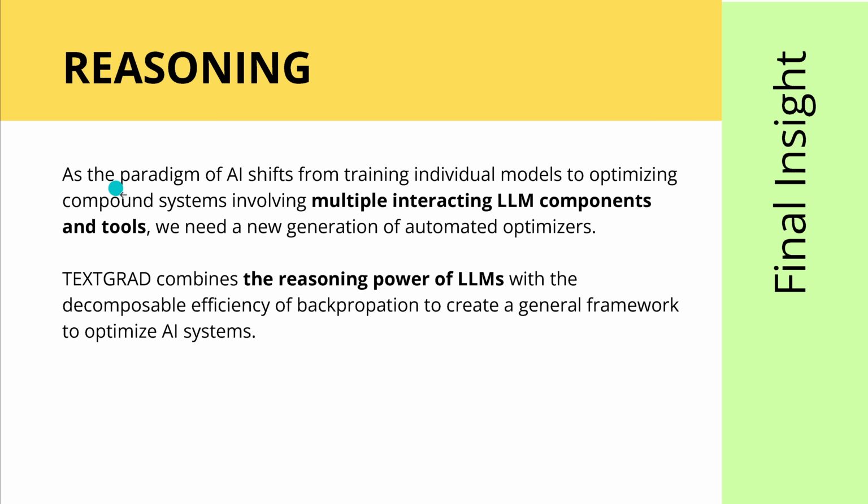And the author Stanford says, hey, as the paradigm of AI shifts from training individual large language model, vision language model, to optimizing now compound systems involving multiple interacting language models, vision language models, robotics models, all those components and all this tool use that we have in multi-agent system, we need now a new generation of automated optimizers of the system to find here, let's say, the best prompt when our multi-LLMs or multi-VLMs system communicate.